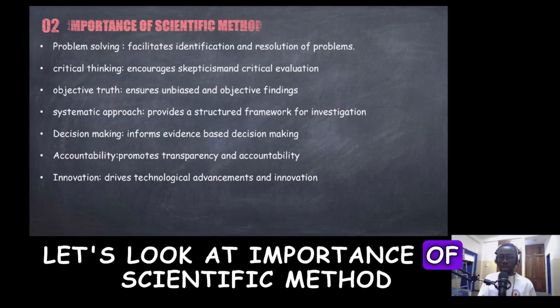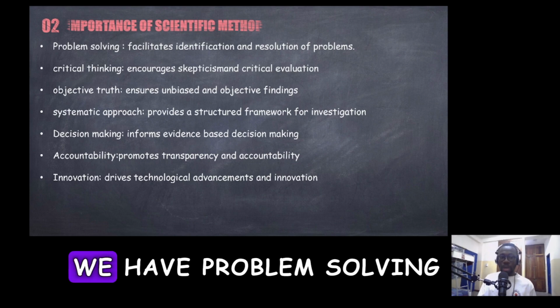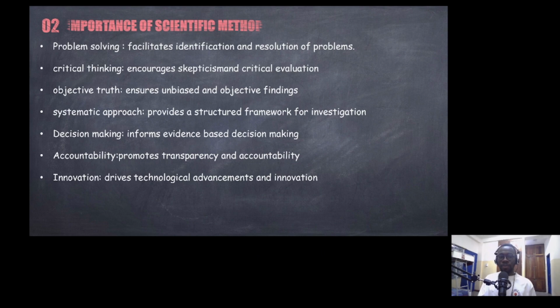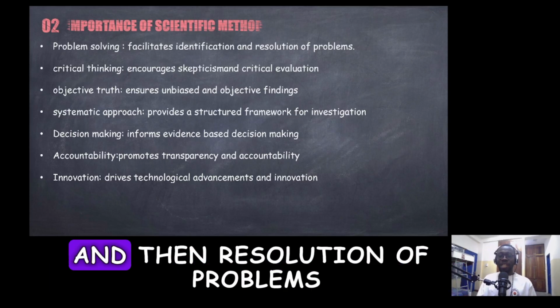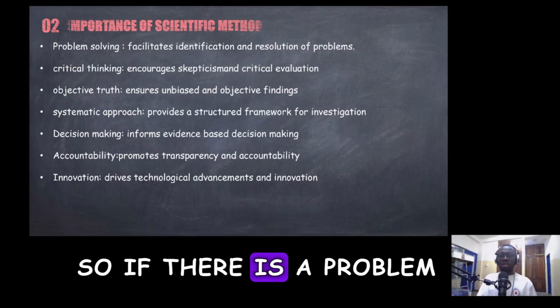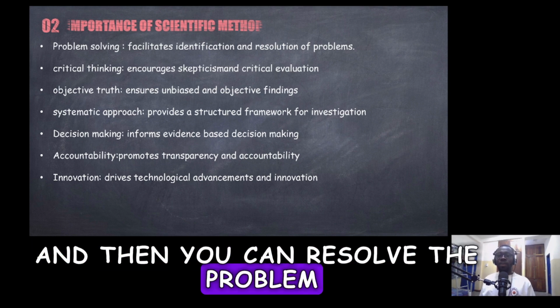Let's look at the importance of the scientific method. We have problem solving. Now, the scientific method facilitates identification and then resolution of problems. So if there is a problem, you go through the scientific method and then you can resolve the problem.